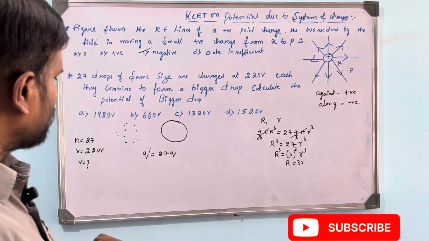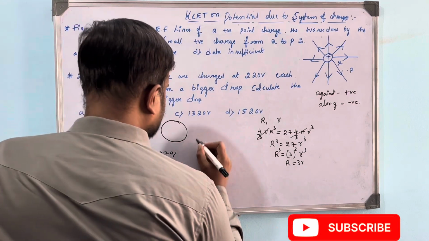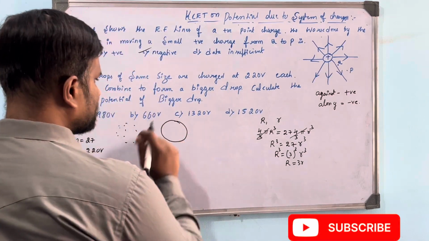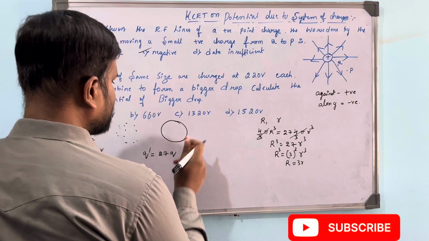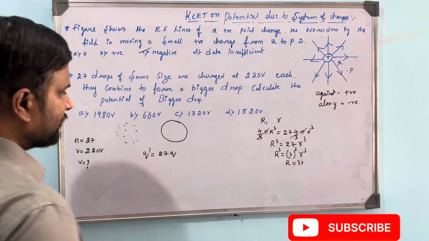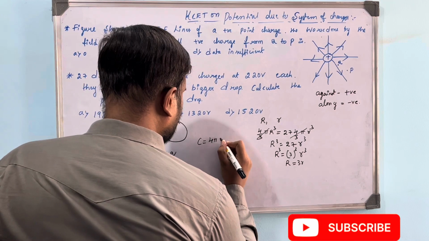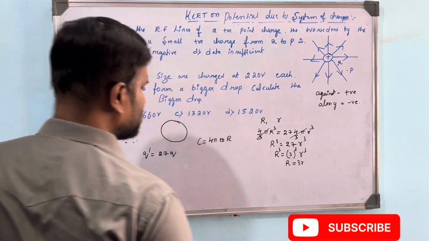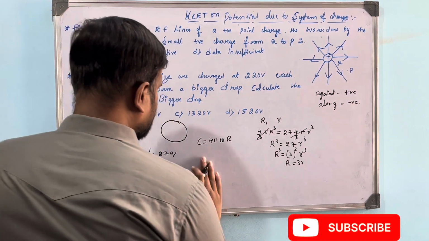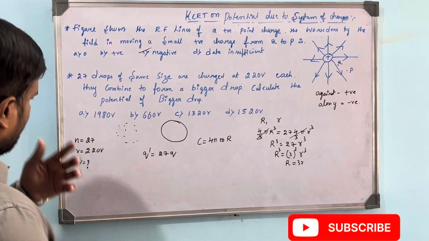Now this can be taken as a sphere. The capacity of a charged spherical shell is given by the formula C is equal to 4 pi epsilon naught r. Ultimately we need to calculate the potential.